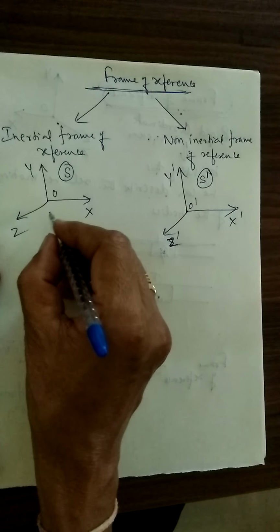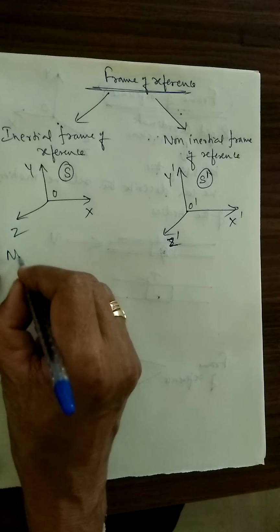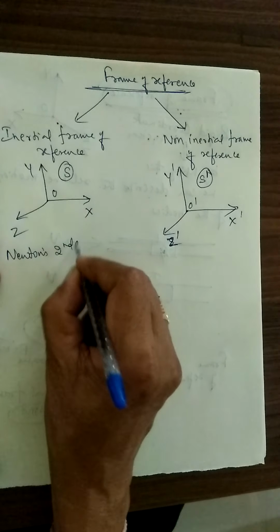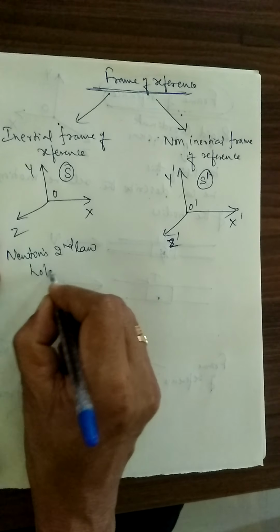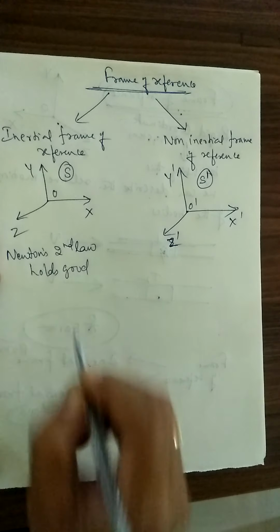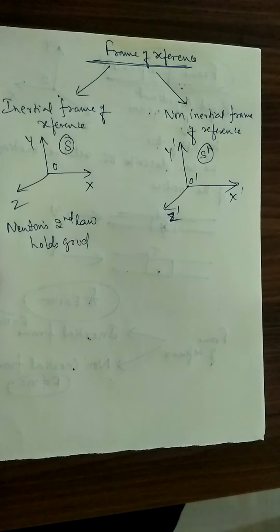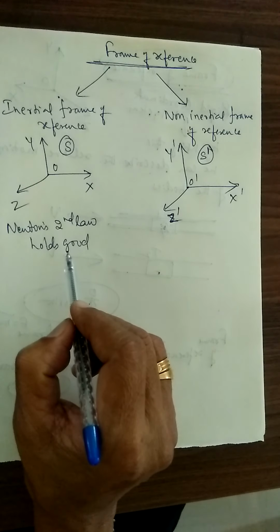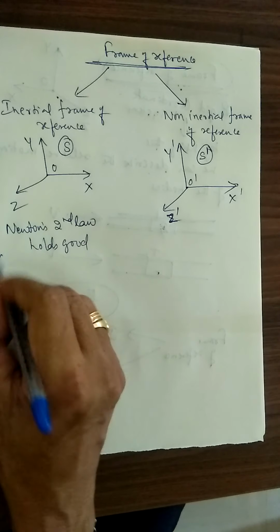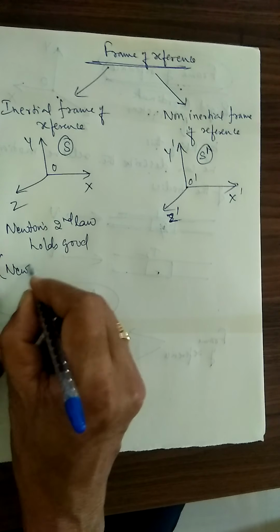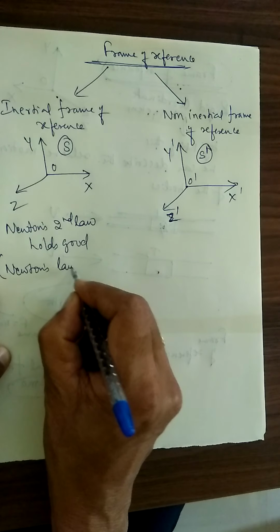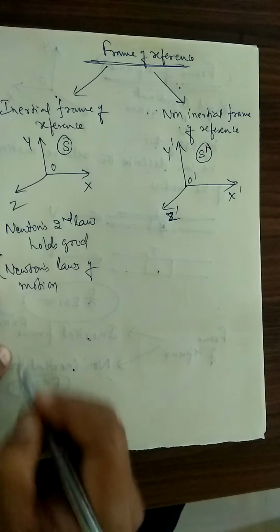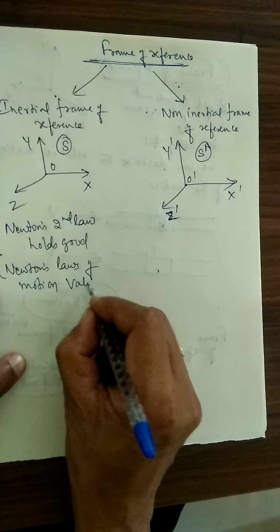But in this frame of reference, Newton's laws of motion, especially Newton's second law, holds good. If Newton's second law holds good here, Newton's first law holds good, and Newton's third law also holds good. Otherwise, I can write that Newton's laws of motion are valid.